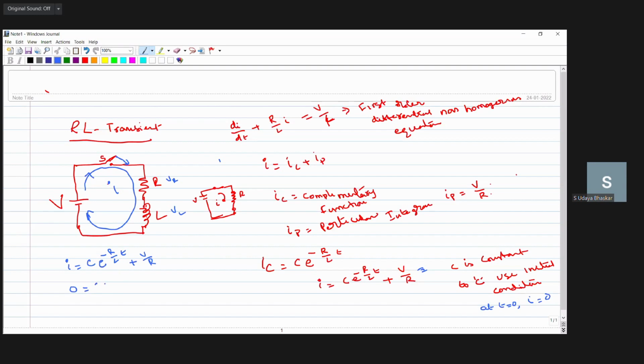So e to the power of this total value goes to 0, e to the power of minus 0 is equal to 1. So 0 is equal to C plus V by R. From this, C is equal to minus V by R. So substitute this value into here, then I is equal to.